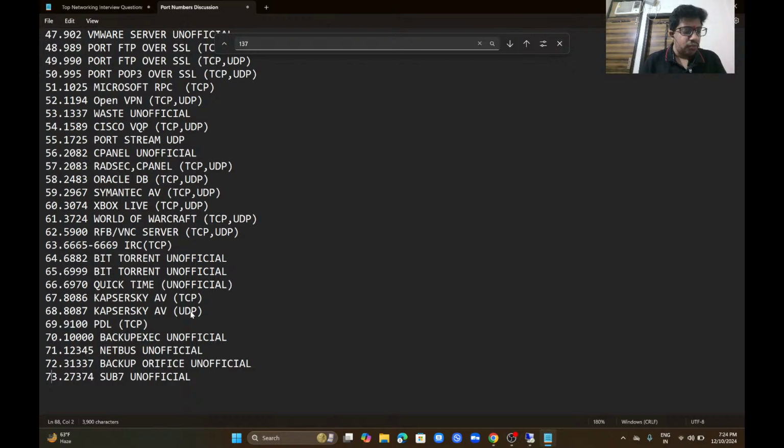Okay, these are the most important port numbers in real-world scenarios. Port numbers range from 0 to 65,535, and only in between can we use them.